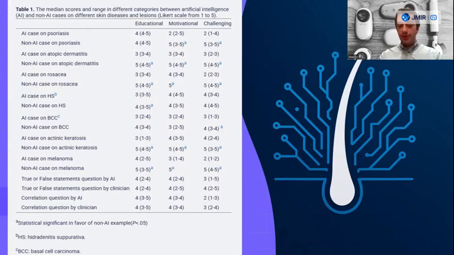Also worth mentioning is that for the true or false statements and the correlation questions, there was no statistical significance. And that shows how important storytelling and narration are, favoring the non-AI cases and exercises.